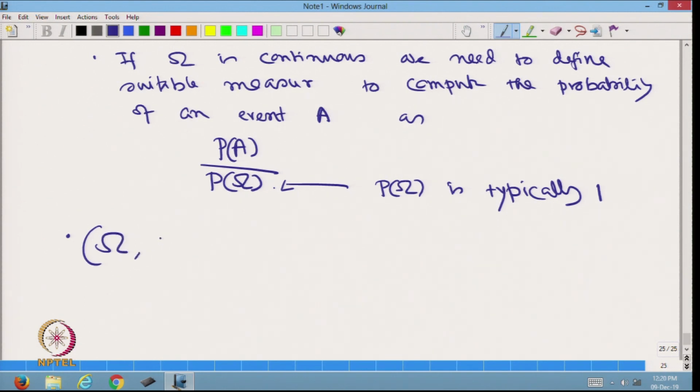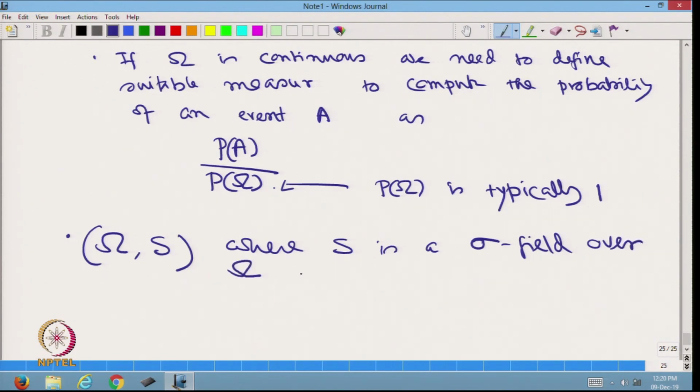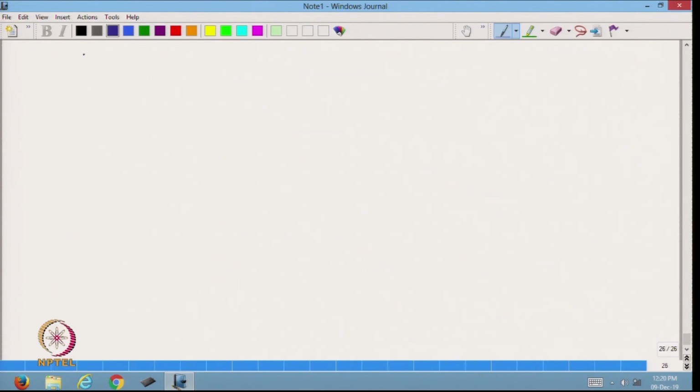Omega, S, where S is a sigma field over omega, is called a sample space. The triplet omega, S, P is called a probability space.